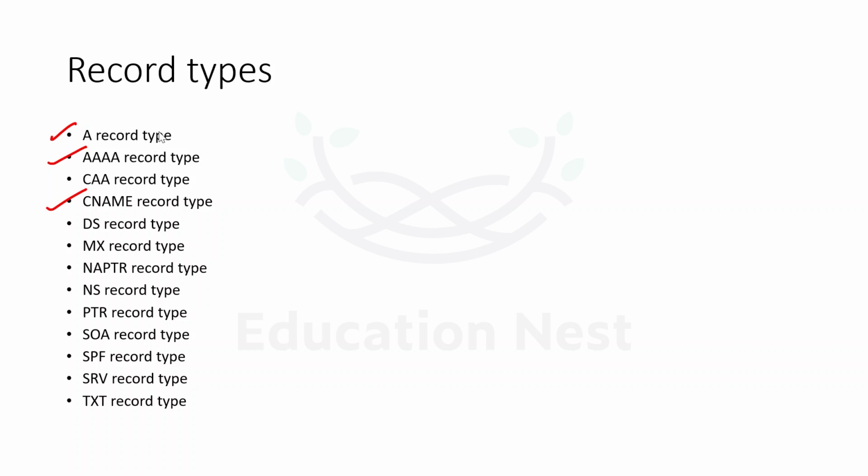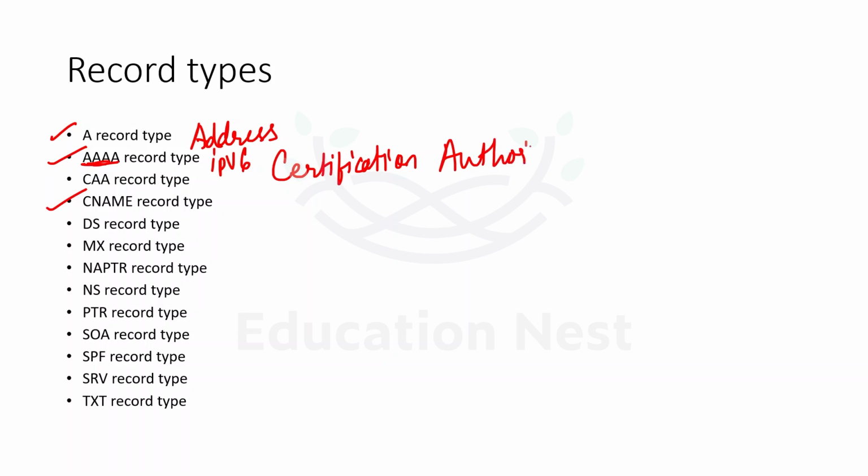A record stands for address record. This is also an address record, but it is for IPv6. Then we have CAA, that stands for Certification Authority Authorization.